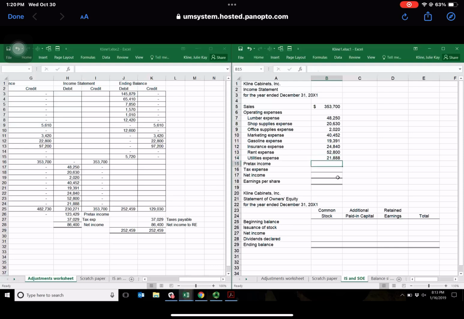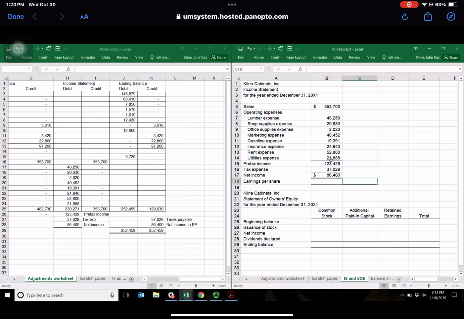So pre-tax income is sales minus the sum of my expenses. All right, and then that agrees out, so I know I got everything right. Tax expense is pre-tax income times your tax rate that's given, and then net income is pre-tax income minus tax expense. So that's what we get to keep.